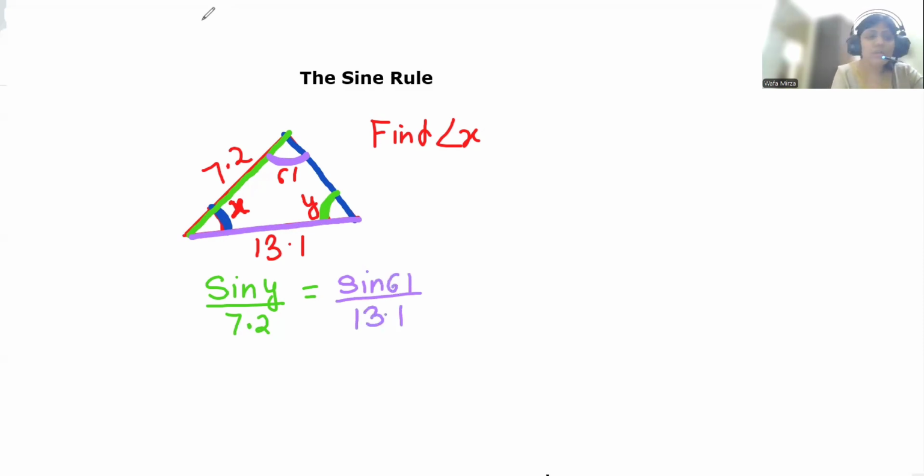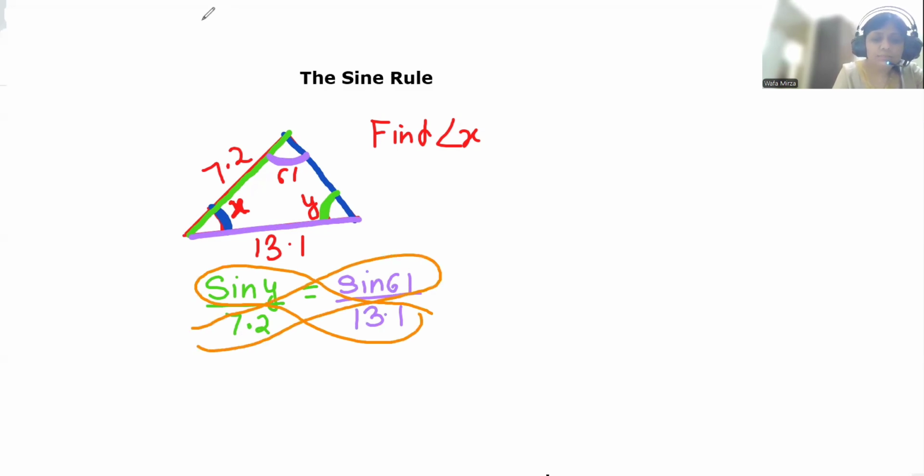Now again I will use cross multiplication here. So this multiplied by this is equal to this multiplied by this. Here, see, I have to find angle x, but directly using the sine rule, I can't find angle x. First I will find angle y, and with the help of that, I will find angle x.